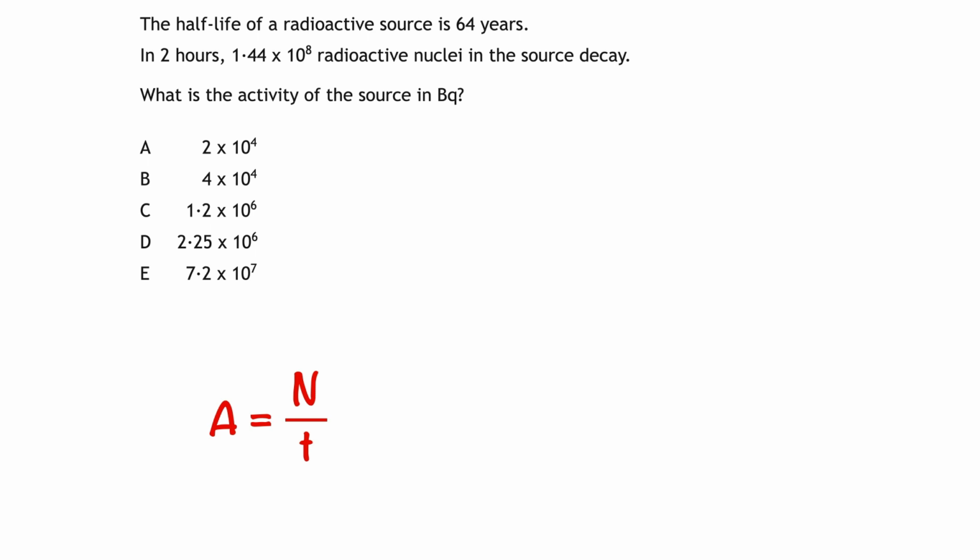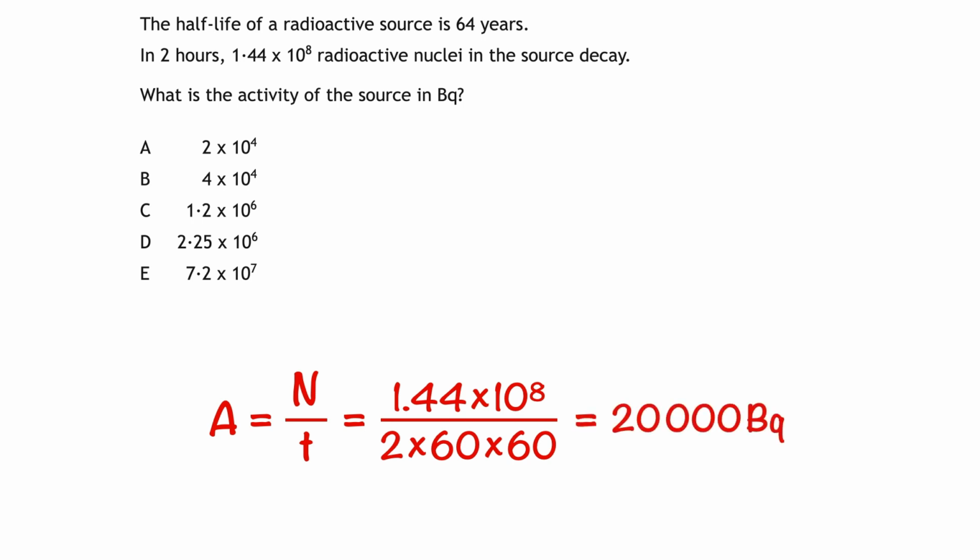That gives us 1.44 times 10 to the power of 8 divided by 2 times 60 times 60, which is 20,000 becquerels. Written in scientific notation, this is 2 times 10 to the power of 4 becquerels, so the answer is A. As I said before, not all the information in a question has to get used. So in questions like this, just make sure you know what's being asked so that you don't get confused.